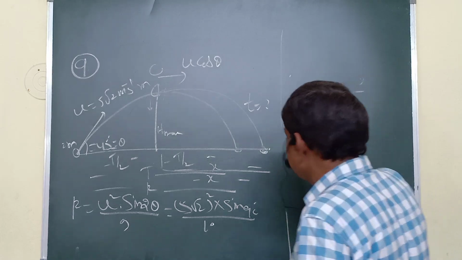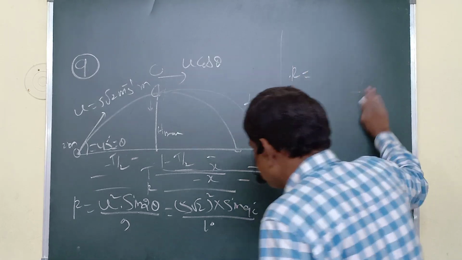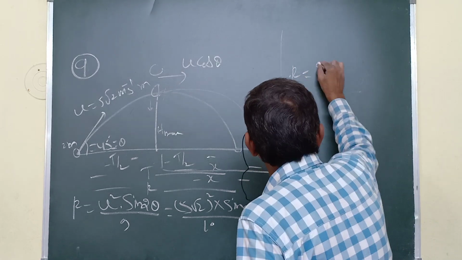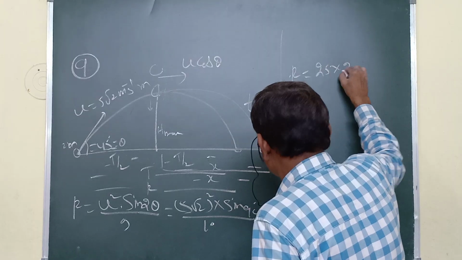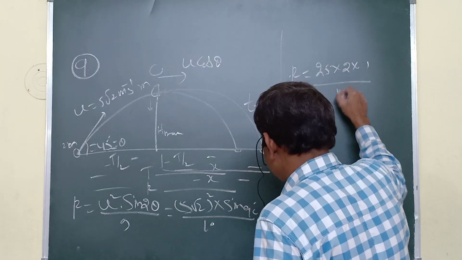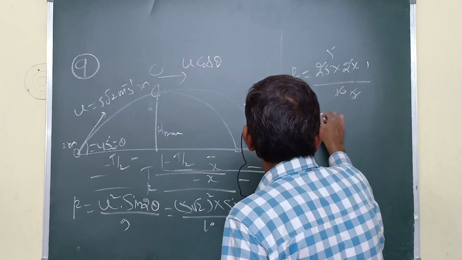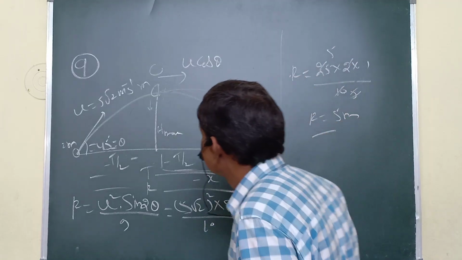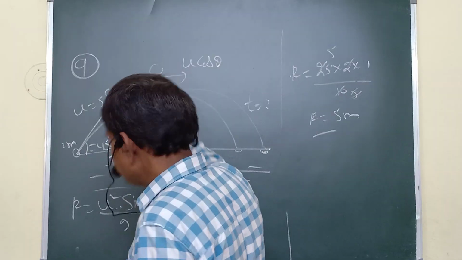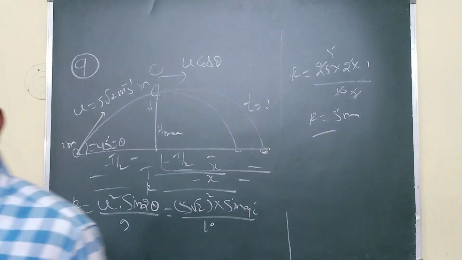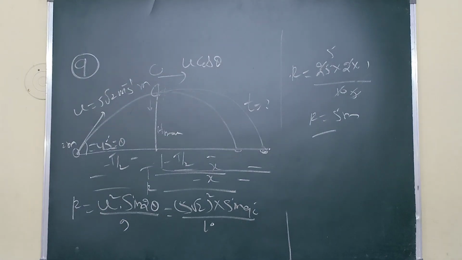This implies range equals 25 into 2 into 1 by 10. 2 ones are 2, 2 fives are 10, so 5 meters is the range. So actually, if it does not explode and comes as it is, it falls at 5 meters from the projection point.